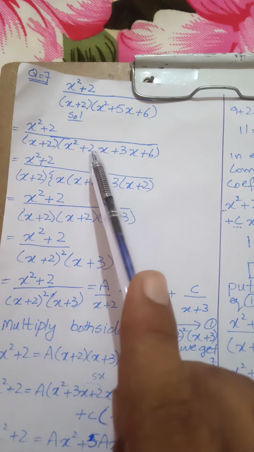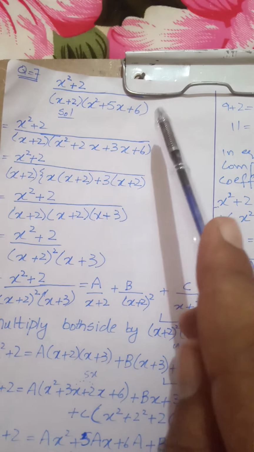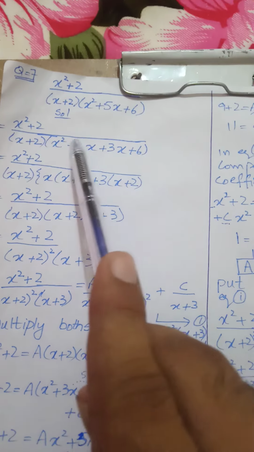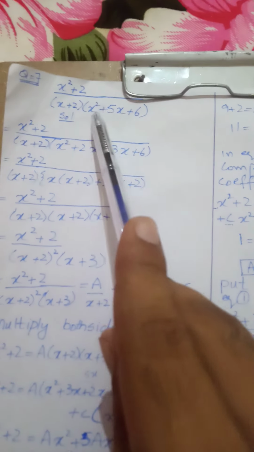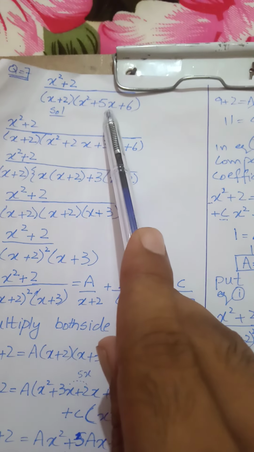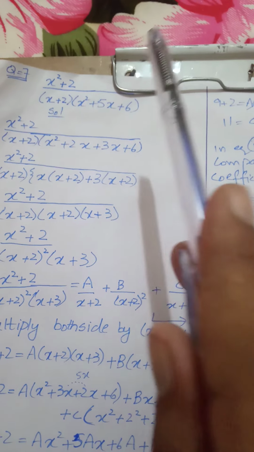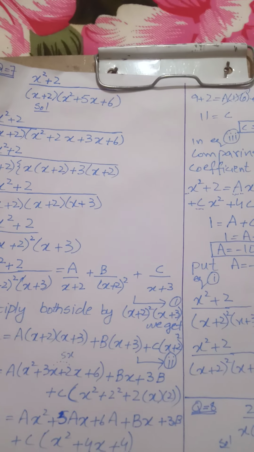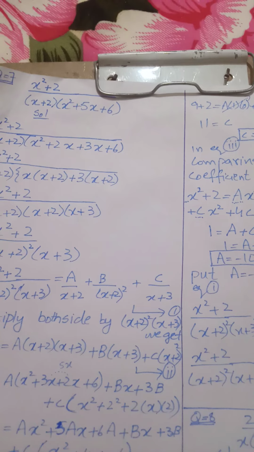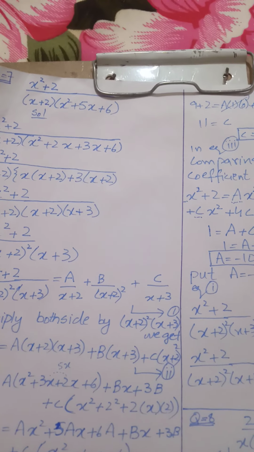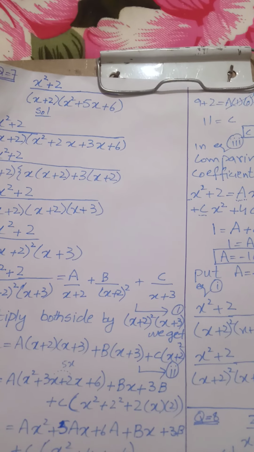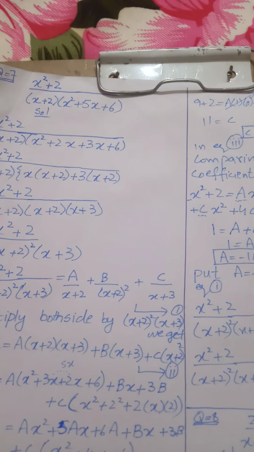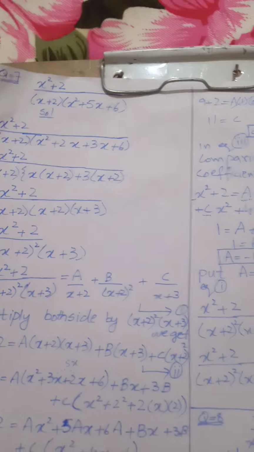Because there are two conditions on it: its multiplication gives us 6x square and its addition gives us 5x. So the two values must satisfy both of these conditions, not just one.